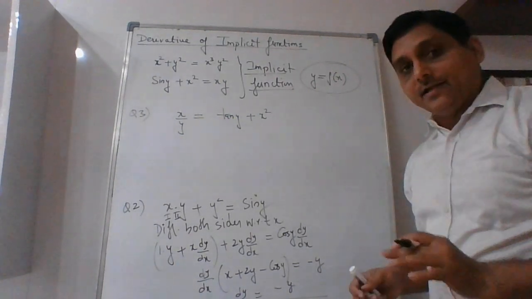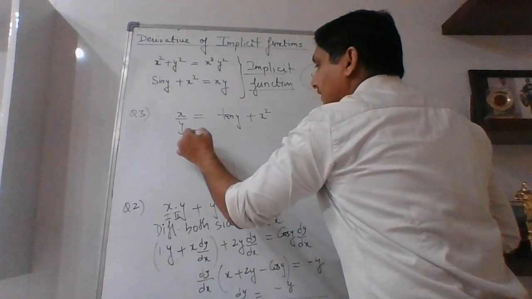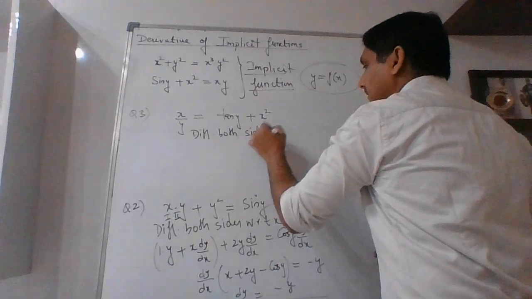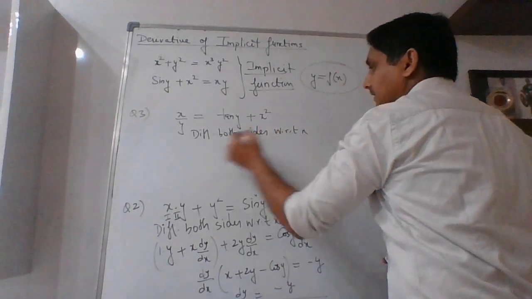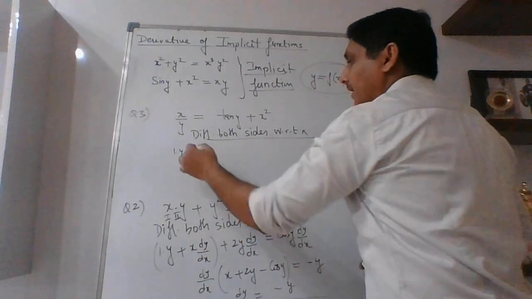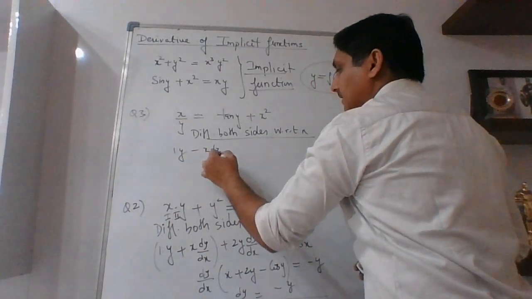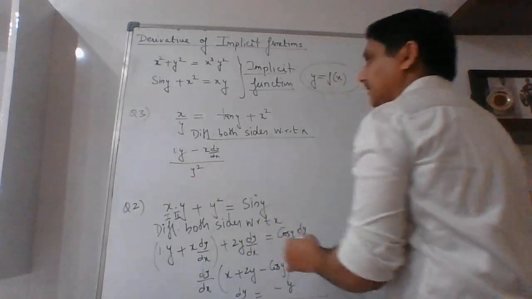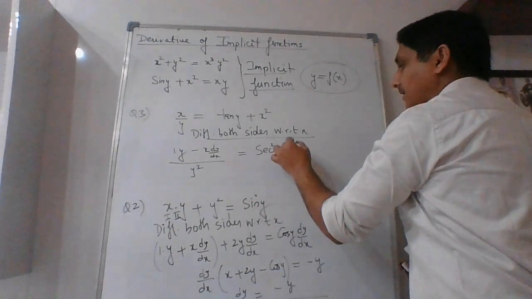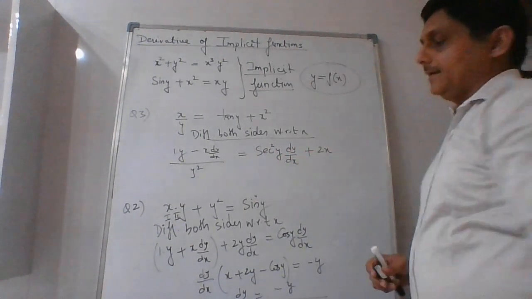So when you take derivative on both the sides, you have to apply quotient rule. So differentiate both sides with respect to x. So when you differentiate, this will be 1 into y minus x dy upon dx divided by y square, and on this side it will be sec square y then dy upon dx plus 2x.